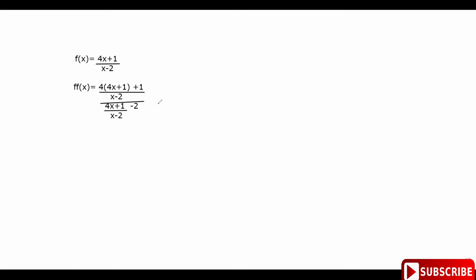All right, so in simplifying that, let's start with the numerator. 4 times 4x is 16x. And then 4 plus 1 is plus 5. So you get 16x plus 5 over... Oh, okay, I see.